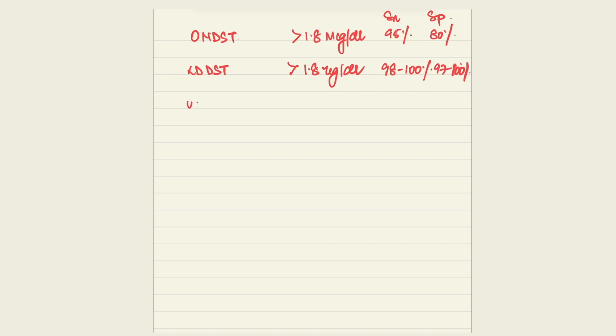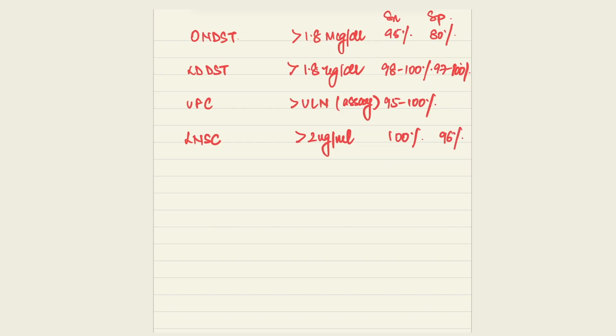In case of UFC, the cutoff is more than the upper limit of normal of the assay, and the sensitivity is 95 to 100%, while the specificity of this assay remains unknown. For late night salivary cortisol, the cutoff is more than 2 nanogram per ml, and the sensitivity is a perfect 100 with a specificity of 96%. So it's a near perfect test. And the midnight serum cortisol, pardon me, it is the midnight serum cortisol.